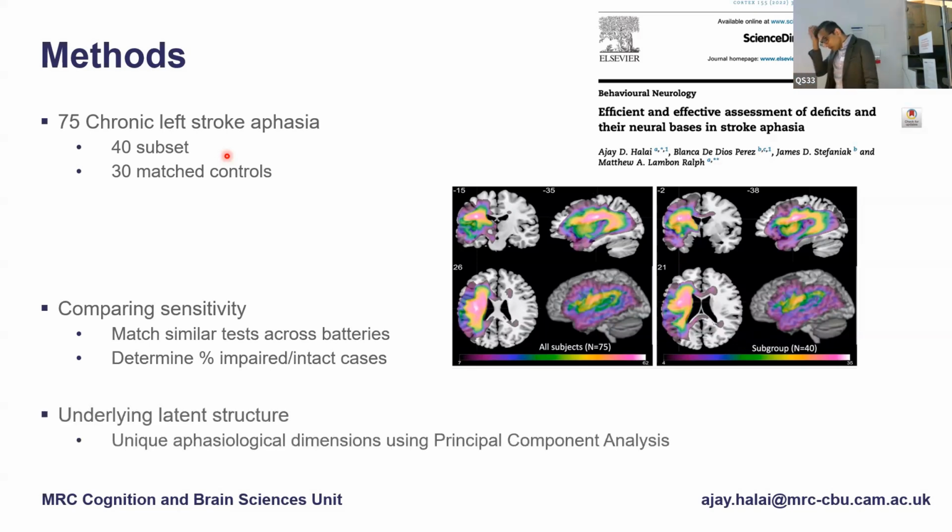We're also interested in these latent components, because the idea behind them is they explain independent information in the behavioral deficits. In this context, with the data that we had, we looked primarily at language components. And we wanted to make sure that the batteries were sensitive to these independent components.